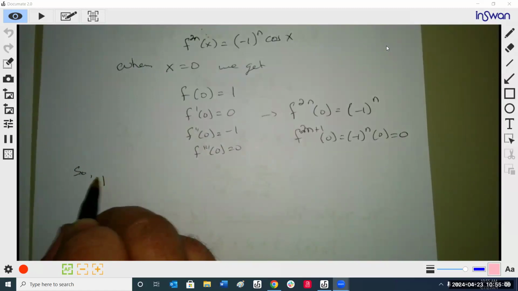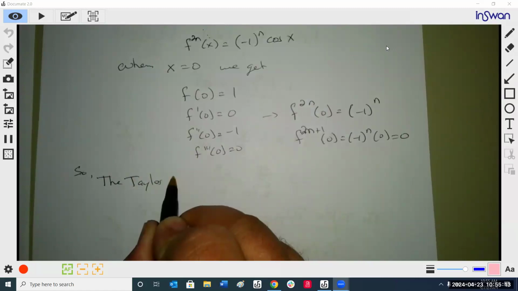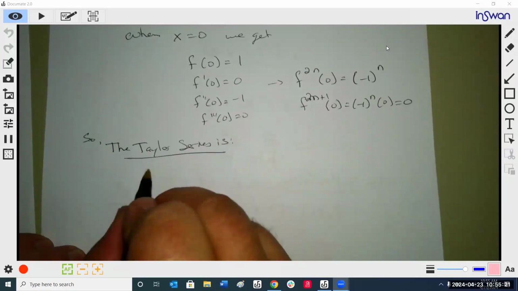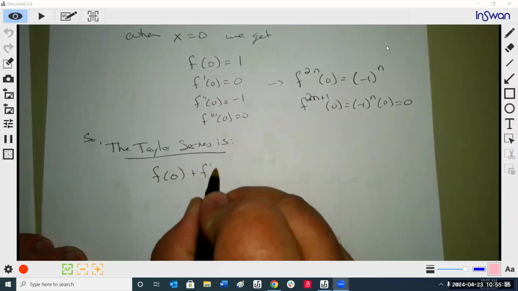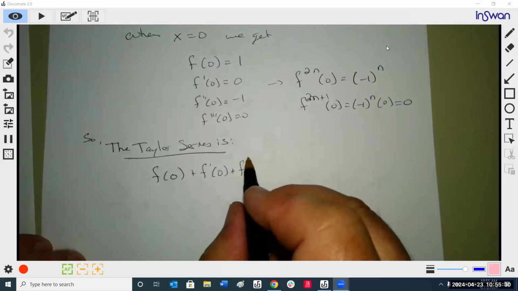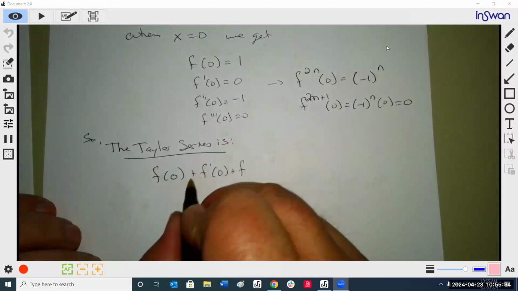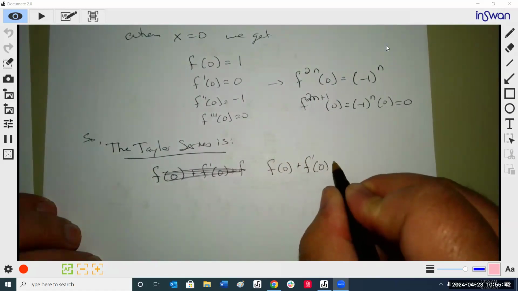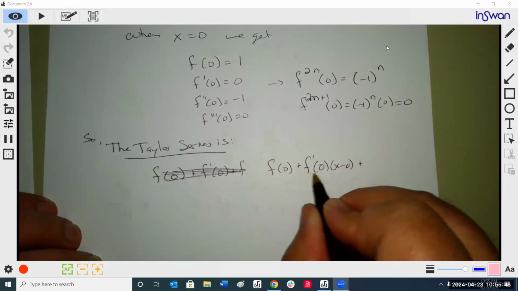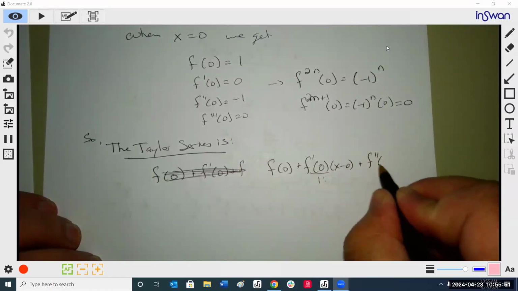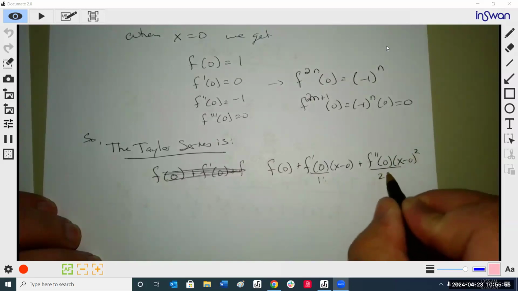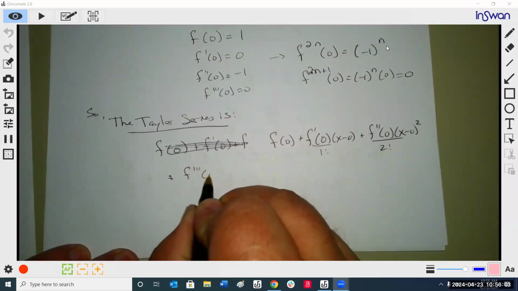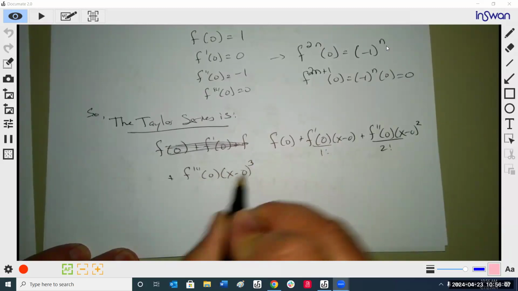So the Taylor series is f of 0 plus f prime at 0 times (x minus 0), plus f double prime at 0 times (x minus 0) squared over 2 factorial, plus the third derivative times (x minus 0) cubed over 3 factorial.